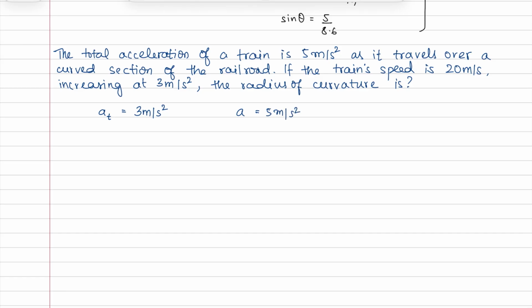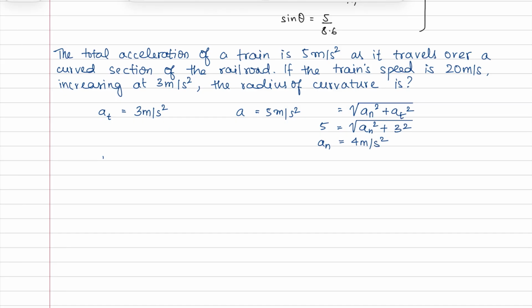And we know that this here is equal to root over an squared plus at squared. And if you were to solve for this, then you get an is equal to 4 meters per second square.